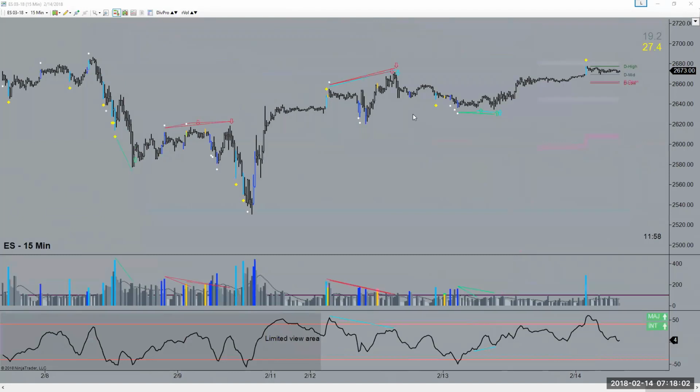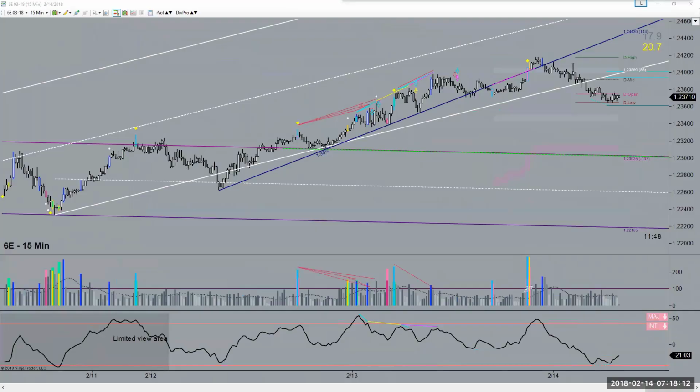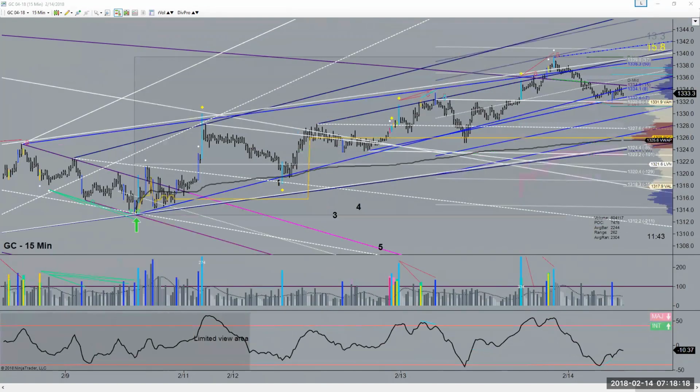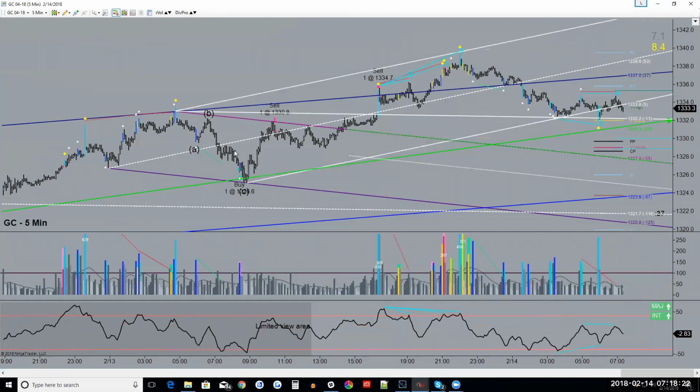ES continues higher. I got a clean exit on gold last night in the training session there.